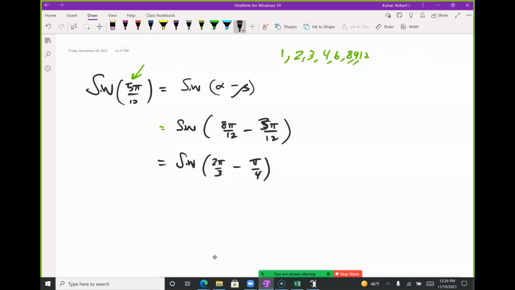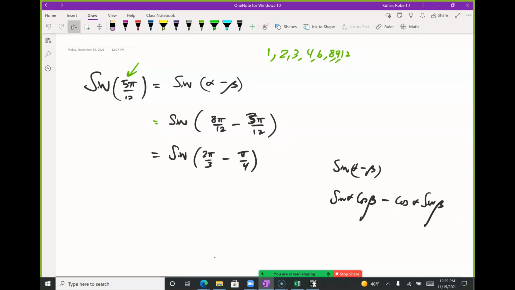Just a reminder, what is sine of alpha minus beta? It's sine of alpha cos of beta minus cos of alpha sine of beta. Yes, I have it memorized because I've been doing it for 30 years. I tell you, if you practice for a couple of days, you'll have it memorized.